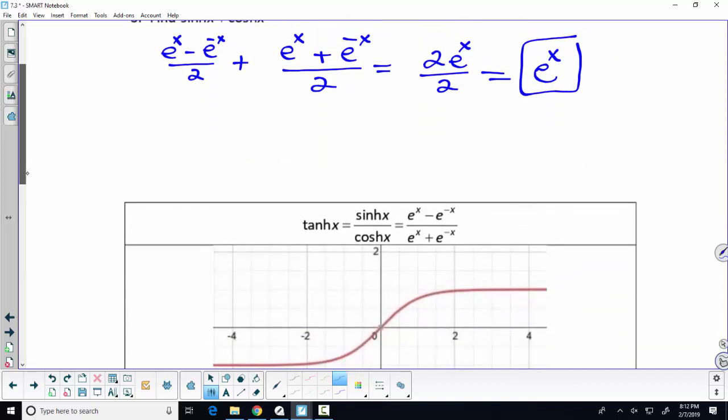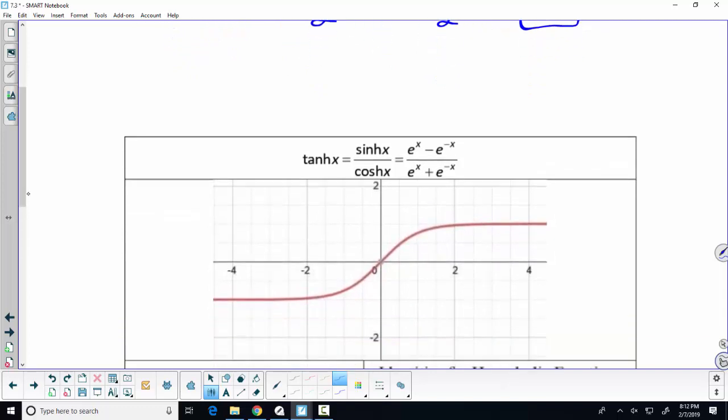Nothing terribly shocking there. The hyperbolic tangent is defined as sinh over cosh, just like the circular trig function sine over cosine. Tangent, that's what it is, or you could just say hyperbolic tangent.